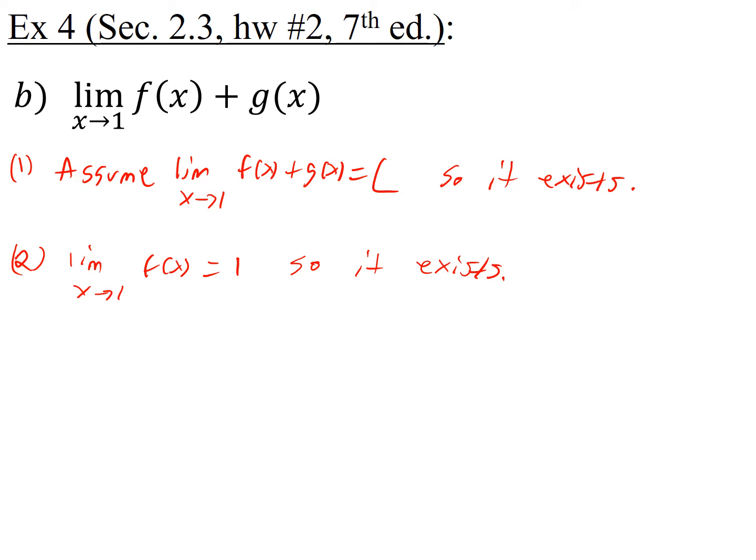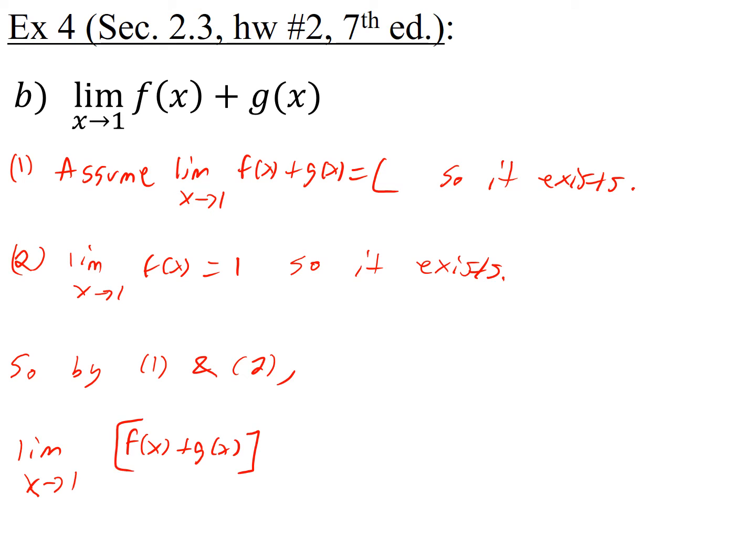So I'm going to subtract these functions. So by 1 and 2, we have limit as x goes to 1 of f of x plus g of x. Think of that as one function. Let me put brackets around it. Minus f of x. This limit exists because we can use the limit law now. We have this limit existing. Think of that as just one function.